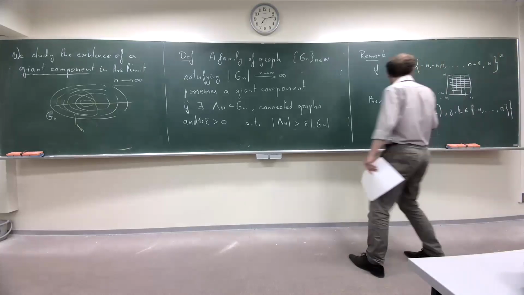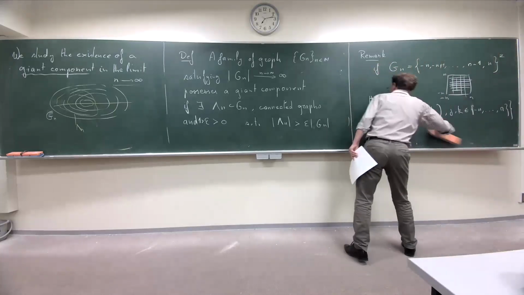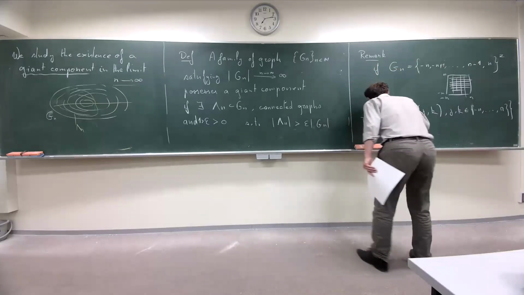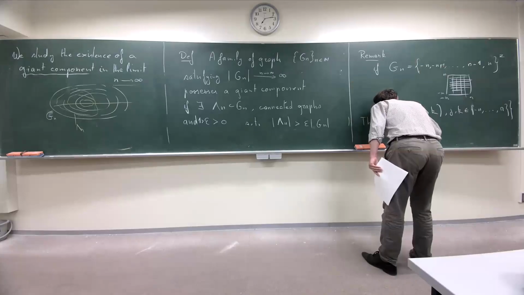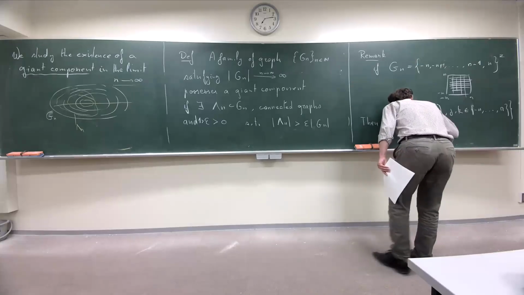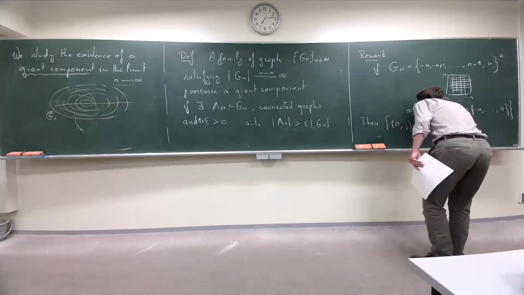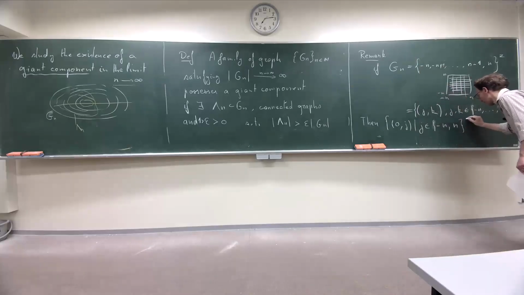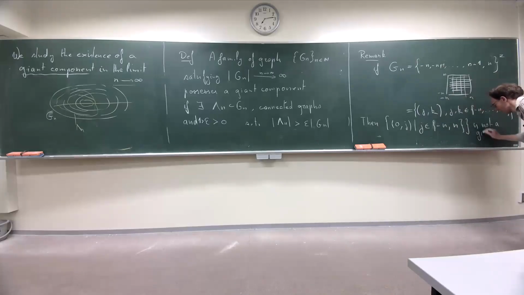Okay. Then what I don't want as a giant component is the set of points (0,j) for any j between minus n and n. It is not a giant component. It's too small. Okay, this is what I wanted to say.